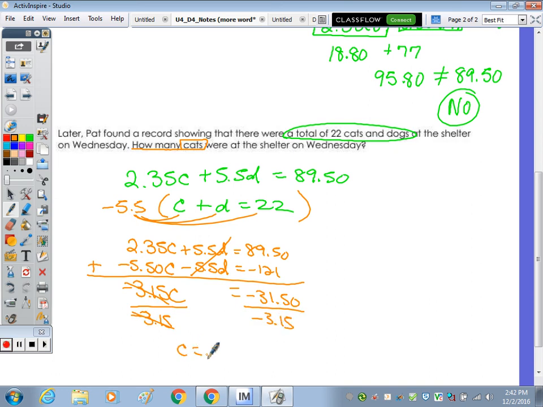And we get C equals 10. Good. So how many cats? There were 10 cats at the shelter on Wednesday.